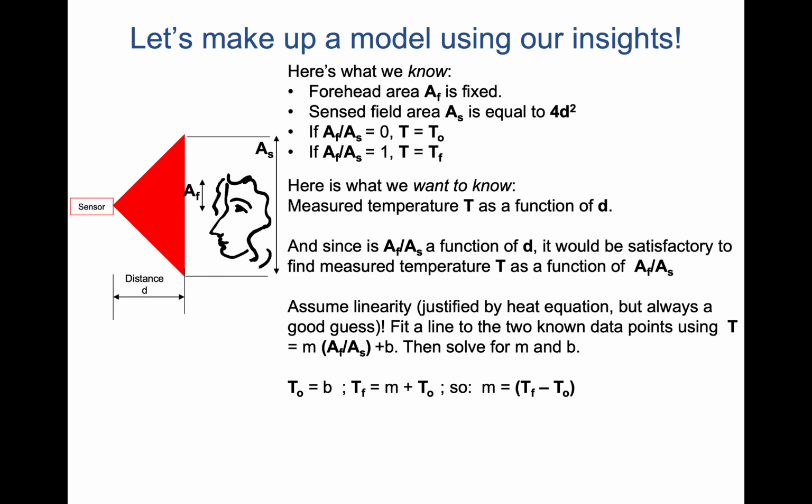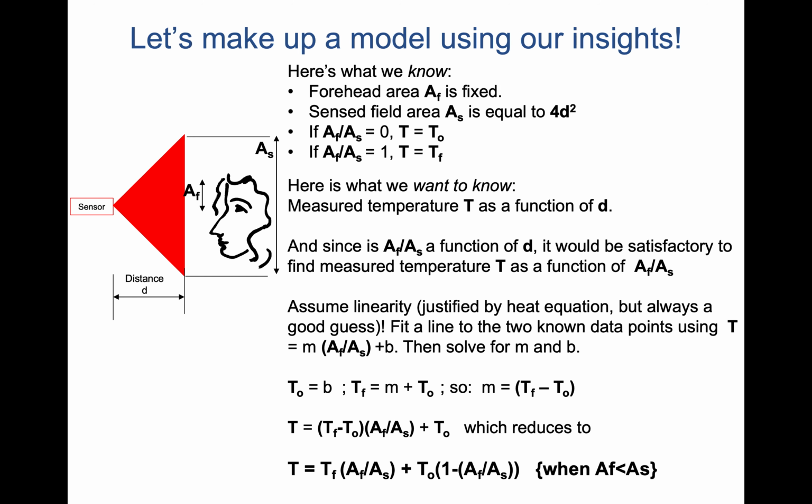Well, if we put in the first known, that the ratio of AF to AS is 0, then T would be equal to b, and T is equal to T0, so T0 is equal to b. Similarly, we can find that m is equal to TF minus T0. So now we have an equation which reduces to T as a function of TF and T0, and these terms for the ratio of AF to AS.